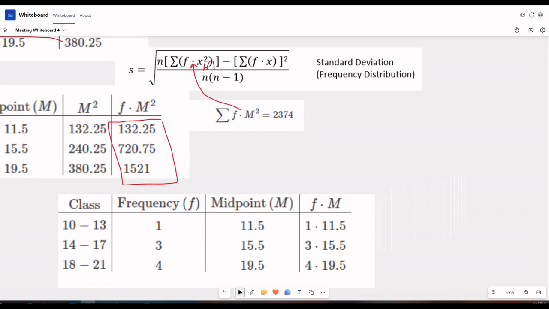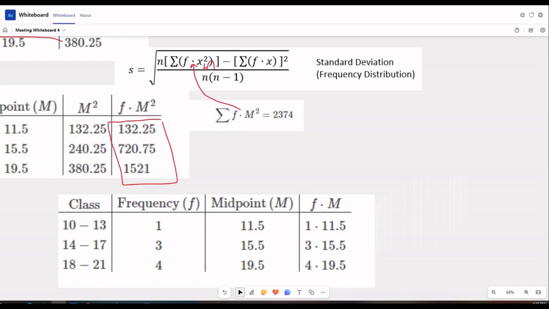What I mean is 11.5 plus 3 times 15.5 plus 4 times 19.5.